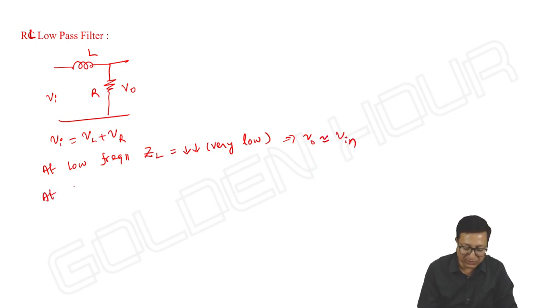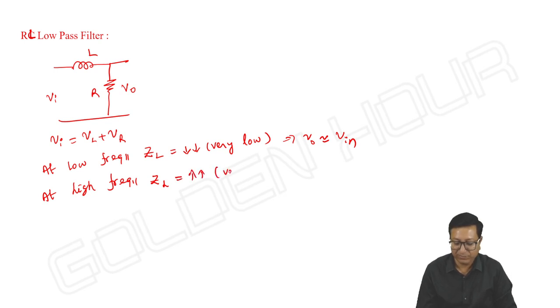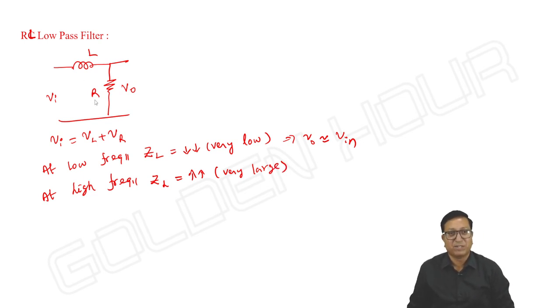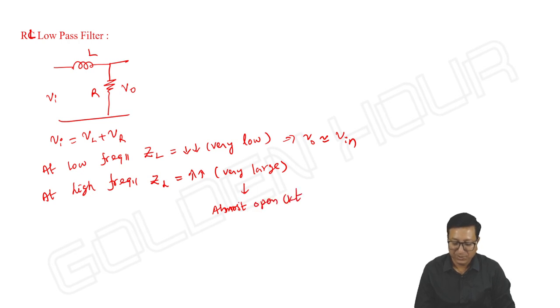And at high frequencies, the impedance of the inductor is extremely high, so almost all the input is seen across the inductor, and hence the voltage across the resistor will be very small. So almost an open circuit. Here VL is approximately equal to VI, and VR, or V output, is approximately 0.